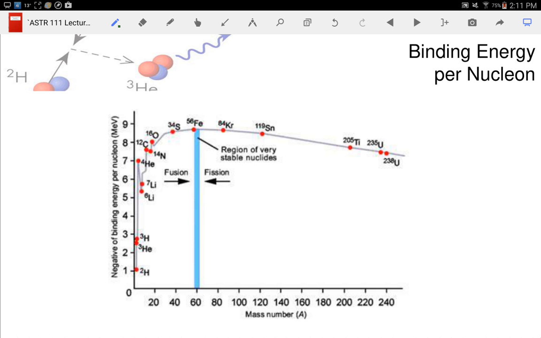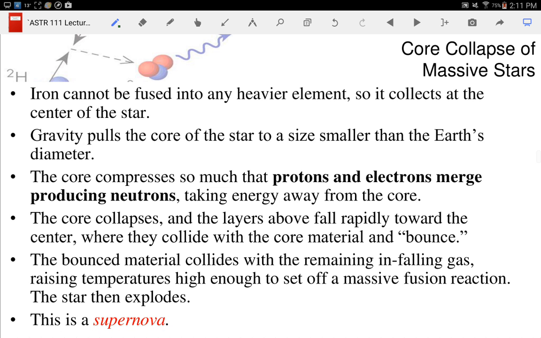Every step along the way, what happened when we stopped fusion in the core? Star died. The star died, and the process was it started collapsing in on the core because there was nothing pushing out anymore. And so when you have a star in its death stages that has a core that's iron, iron will quench the fusion if you try to fuse it.